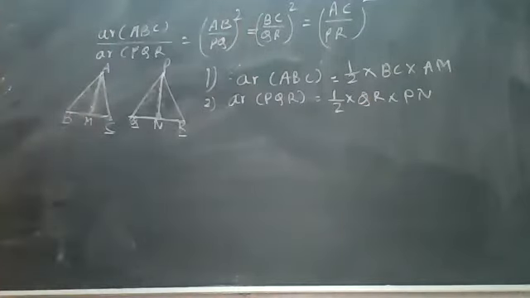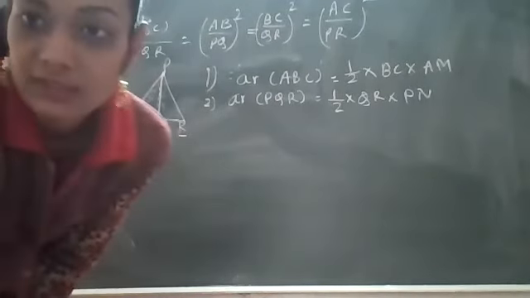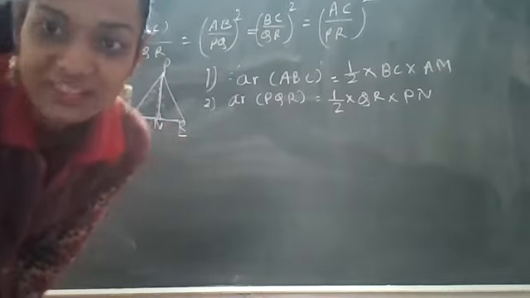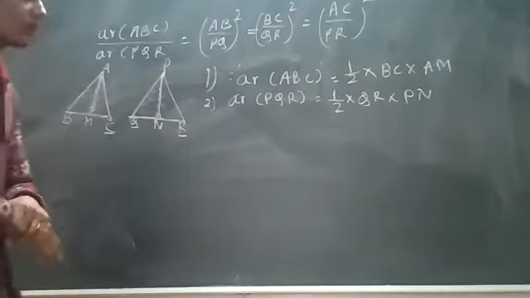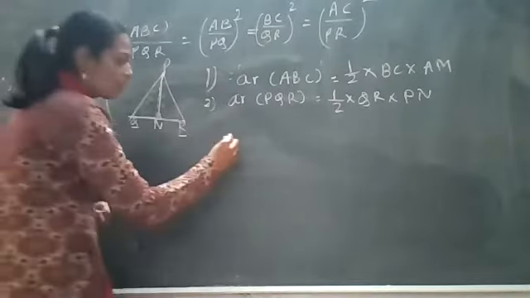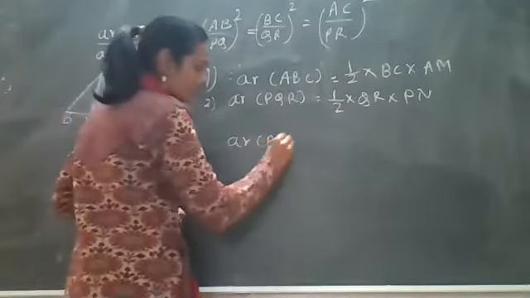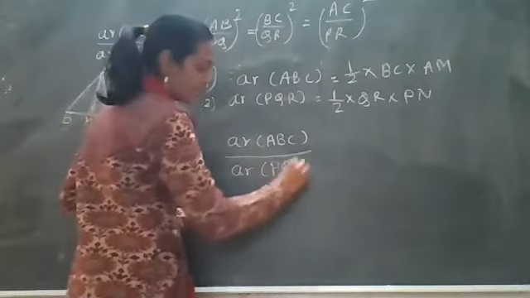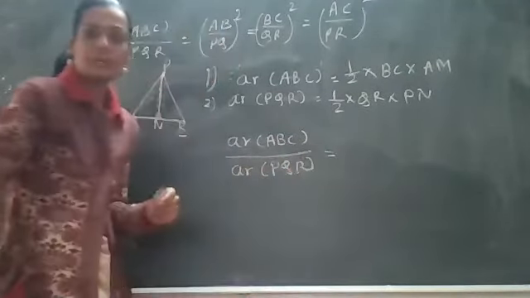Now we are taking the ratio of these triangles, right? So area of ABC upon area of PQR.